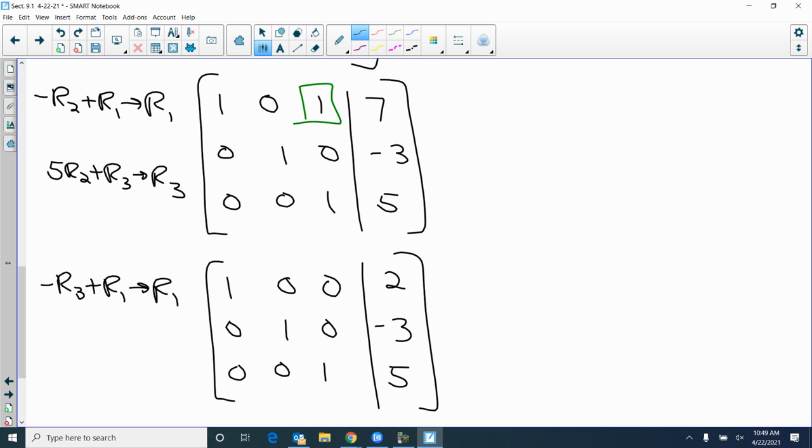All right, so we're good. Once you got that, 1's down the diagonal, 0's everywhere else. X is 2, Y is -3, and Z is 5. Oh, that's a positive 5. So 2, -3, 5.